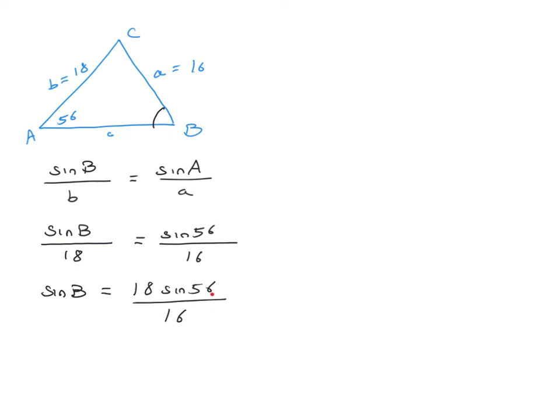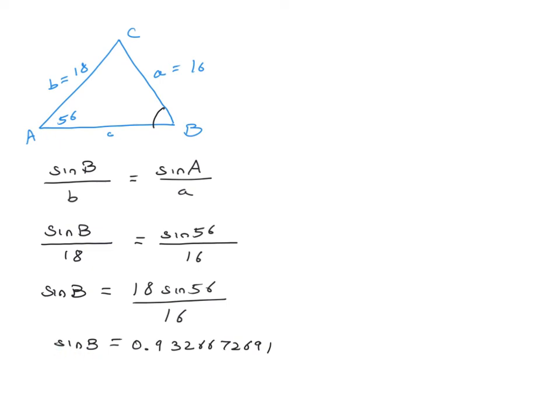Okay, I'm going to type this into my calculator and see what we get. That was 18 times sine of 56 divided by 16. Okay, I get that sine of B is equal to 0.93266722691. Now, that's not B, that's sine of B.